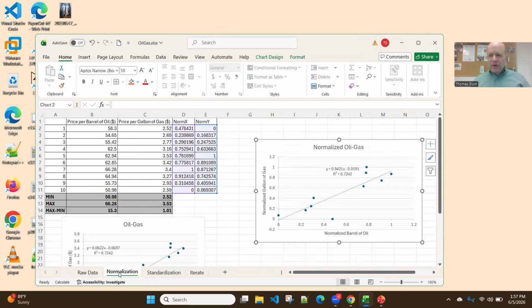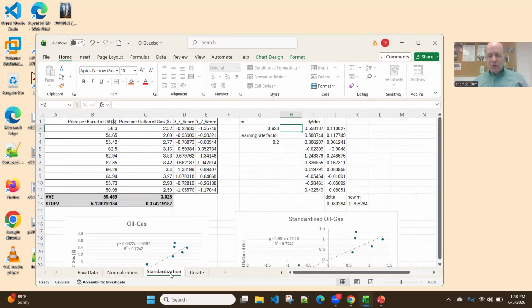But one of the lessons of data modeling and machine learning is to tame the data before you start working with it. So I showed there are two: normalization and standardization. For this particular problem, standardization ends up being a little bit nicer because it eliminates one of the fitting parameters, the slope.